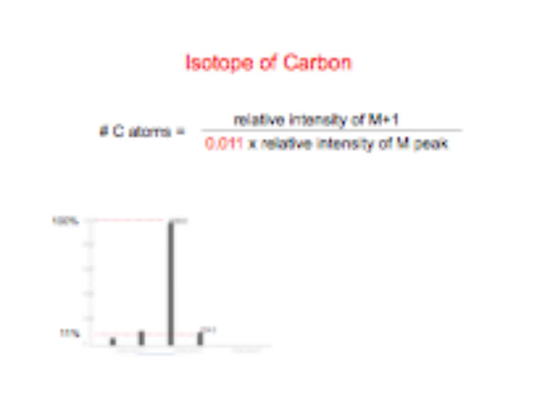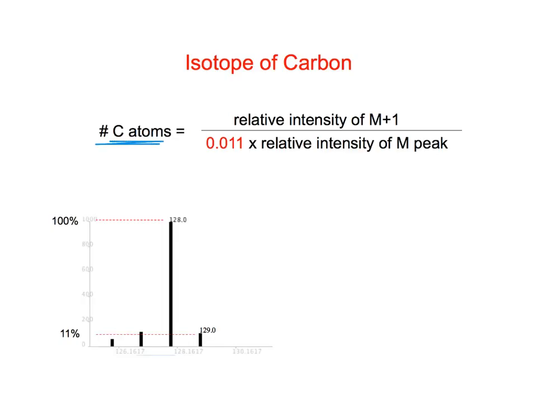We can use this formula: the number of carbons in the molecule equals the relative intensity of the M plus 1 peak divided by 0.011, which is 1.1%, times the relative intensity of the M peak.